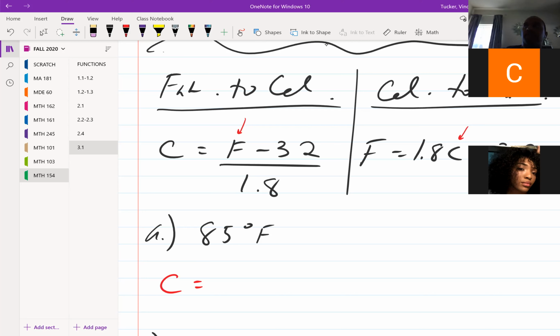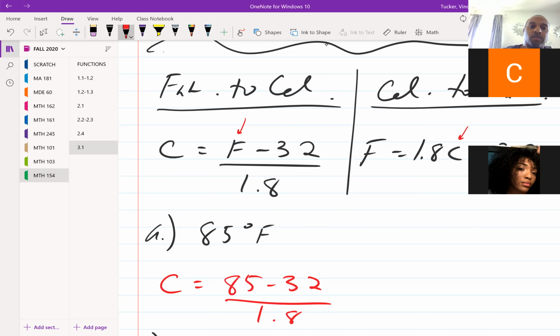So I have my F, and I'm going to plug it in. 85 minus 32, 53, over 1.8.